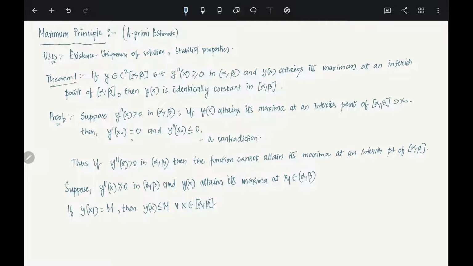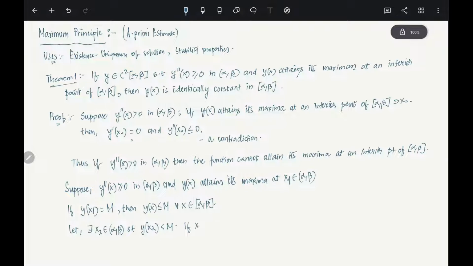Now let there exist an x2 between alpha and beta such that y(x2) is less than M. Clear?